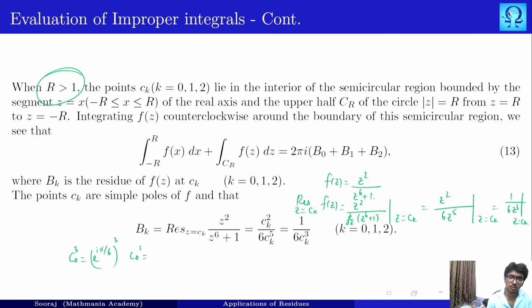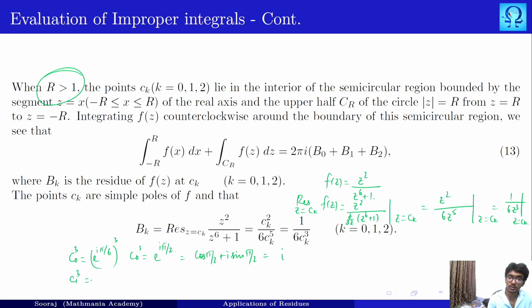So c0 cube is what? When you take it inside, you are going to get e to the power i pi upon 2, which is cosine pi upon 2 plus i sine pi upon 2, which is nothing but iota. So this is c0 cube.